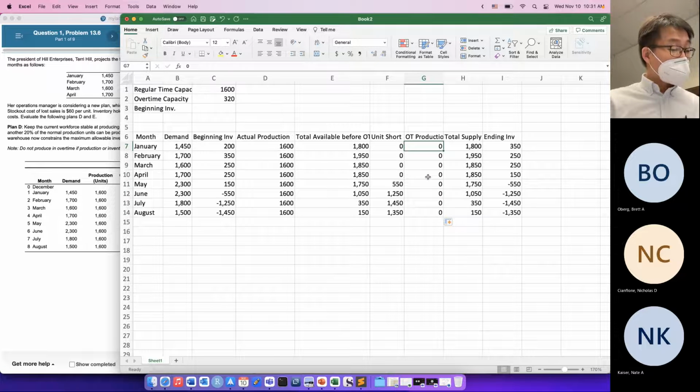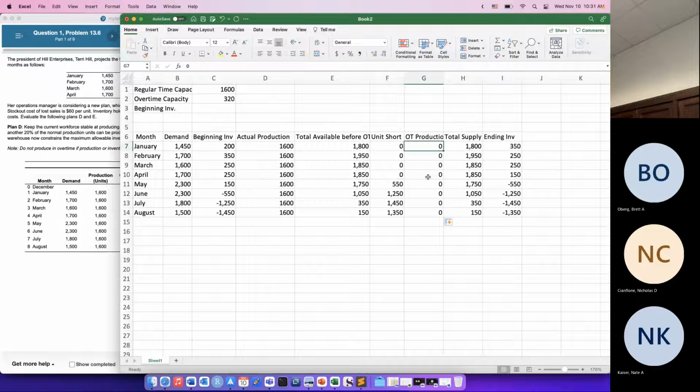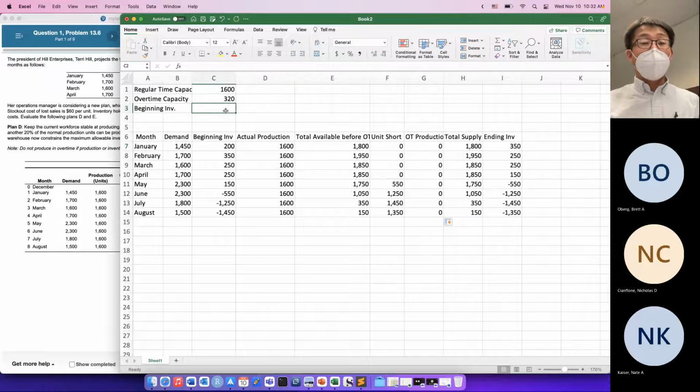Remember, how do you determine the quantity for additional efforts? It's the minimum between the number of units short and additional efforts maximum capacity. In our case, there's a maximum capacity of 320 here. So let's say this is unit short in this period.